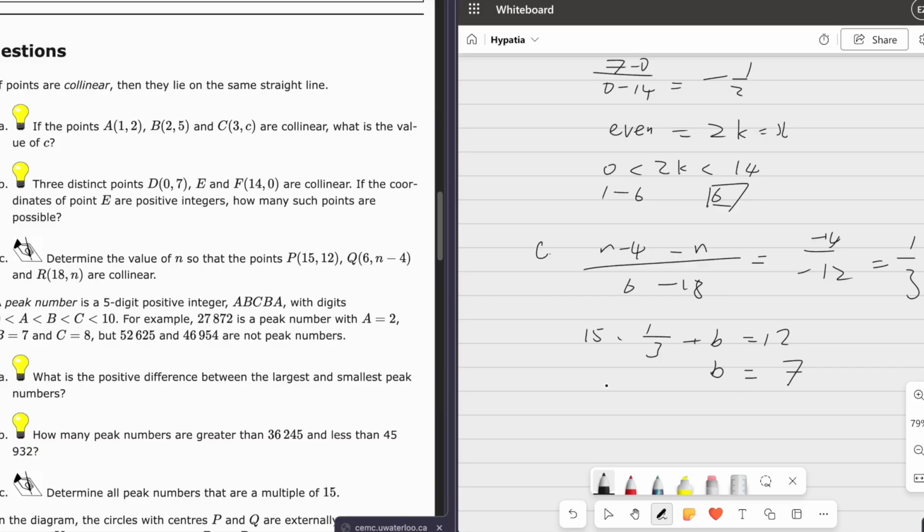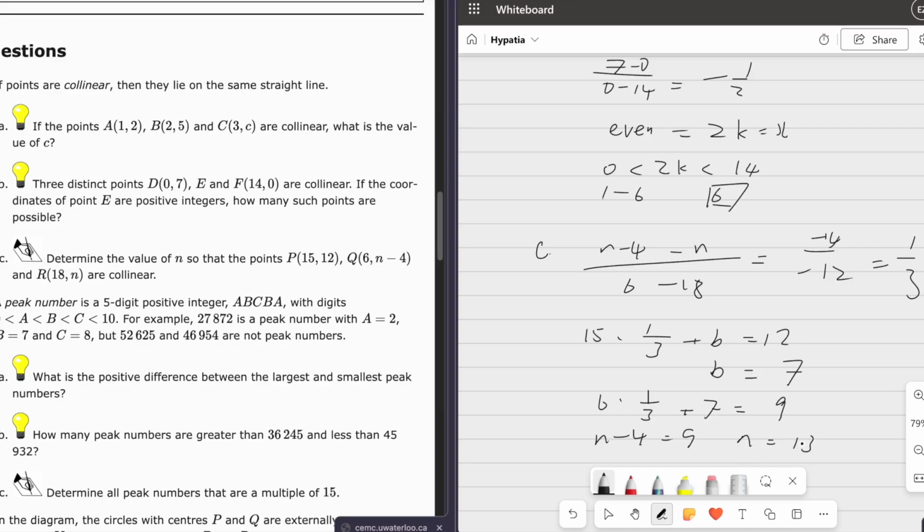And then our next step is to substitute b equals 7 and m, the slope, equal 1 over 3 into Q(6, n minus 4). So we do 6 times 1 over 3 plus 7, equal, so 6 over 3 plus 7 equal 9. So this means n minus 4 equal 9, so n is equal to 13.